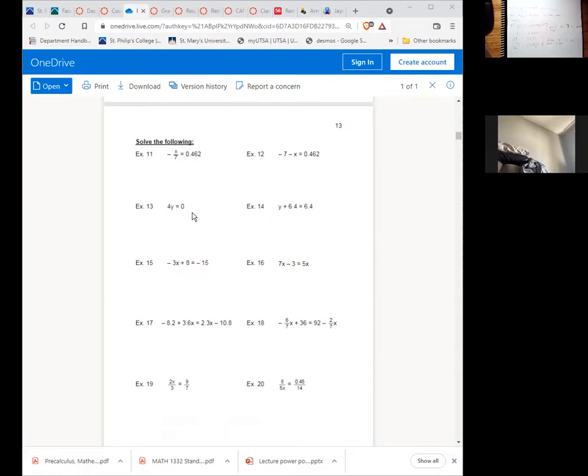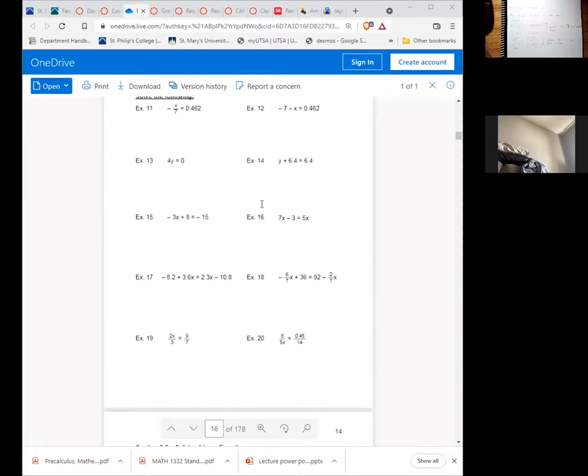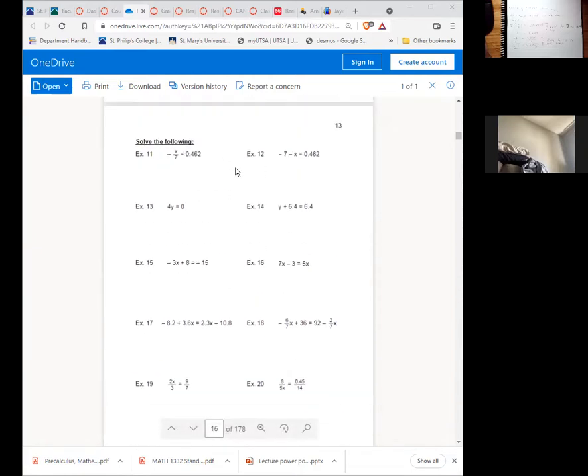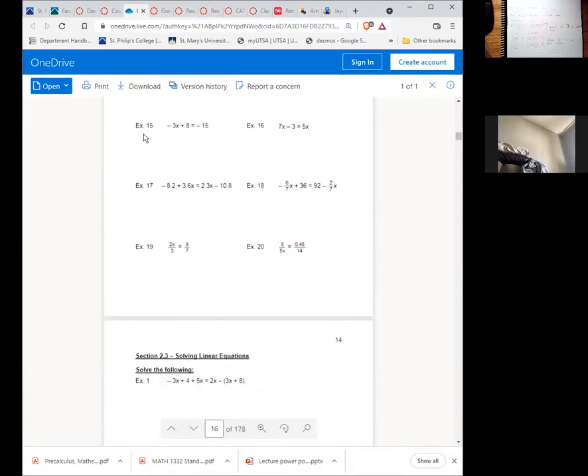I was thinking about number 18. 18, yeah, for sure, we're going to do that one. But these guys are okay? Okay, so what's up? Sorry. You guys are good on these then. Okay, so I'm going to do 18 for sure. What do you guys think about 15 and 16?